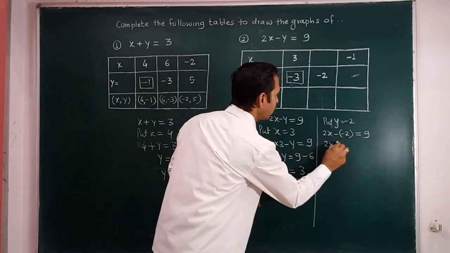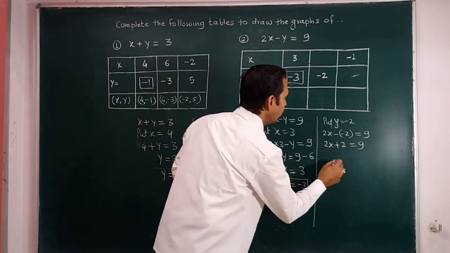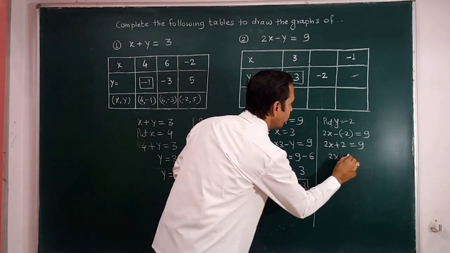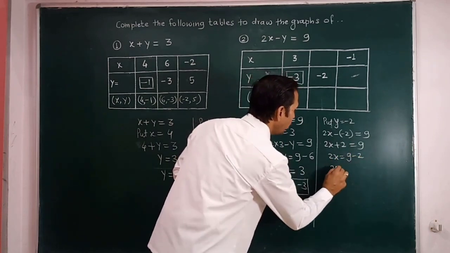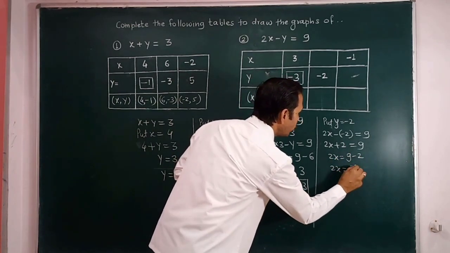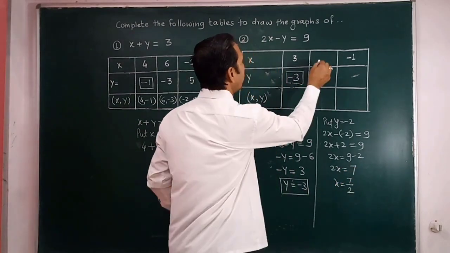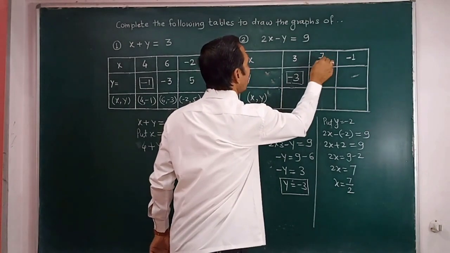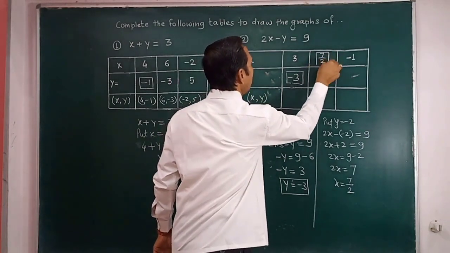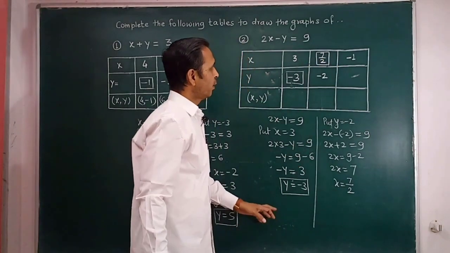And that's why 2x plus 2 is equal to 9, and hence 2x is equal to 9 minus 2, so 2x is equal to 7, and hence x is equal to 7 upon 2. Now write here x is equal to 7 upon 2. This is the value of x.